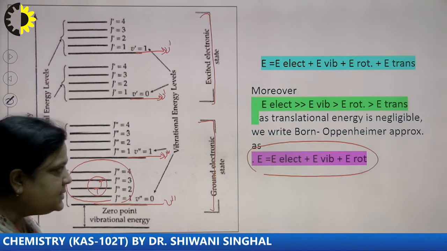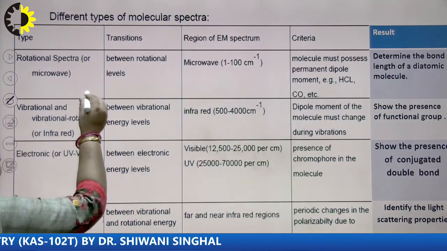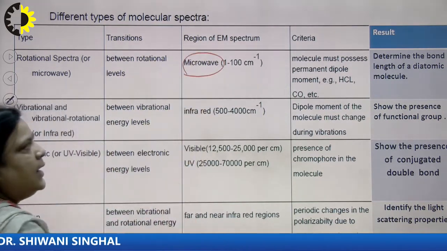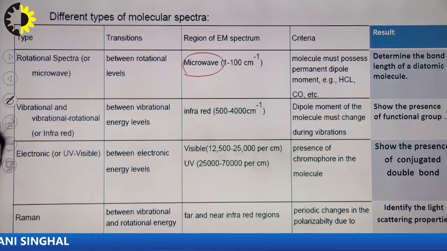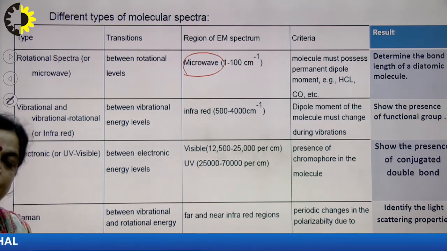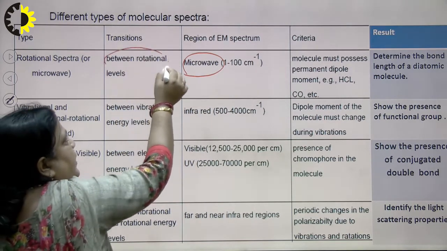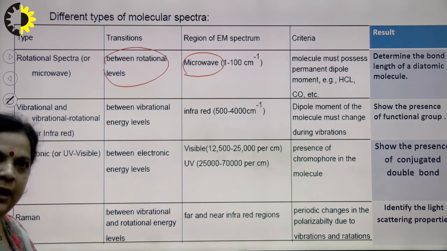It means that for rotational spectroscopy microwaves are sufficient; we irradiate with microwaves, and the transitions between rotational energy levels occur.